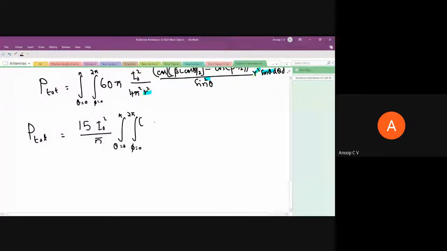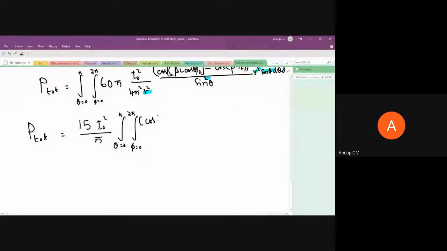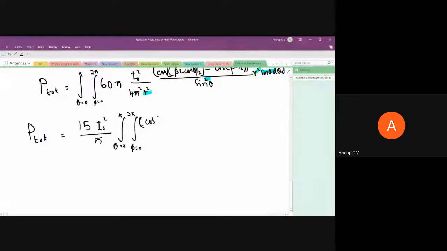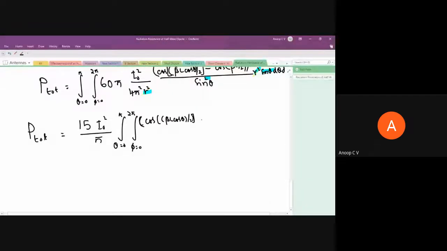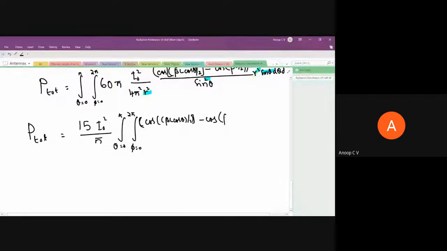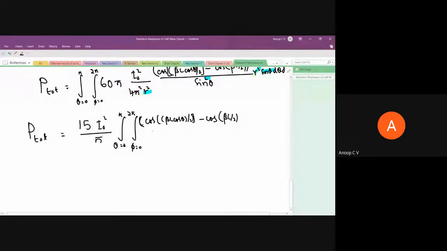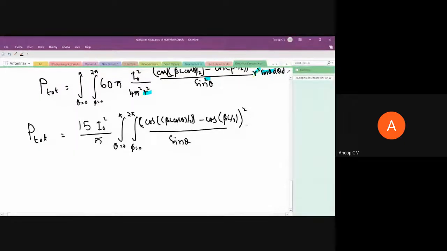That is cos of beta L cos theta by 2 minus cos of beta L by 2, the whole square, divided by sin theta, then d theta d phi.